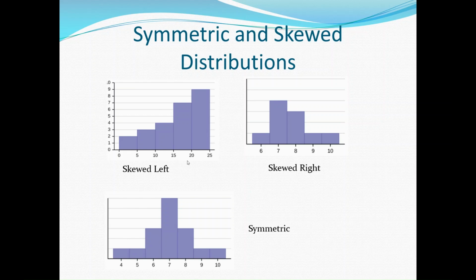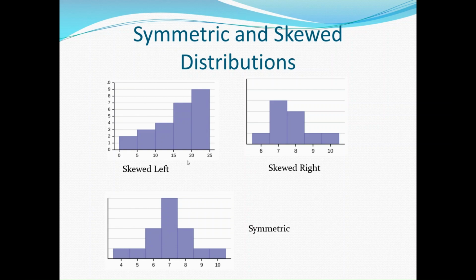And so, if I were to just put these up here, you can now see that the upper left one we're calling left skewed. The upper right one we're calling right skewed. And we do that because the tail of the distribution is to the left for skewed left, and the tail is off to the right for the one that is skewed right.